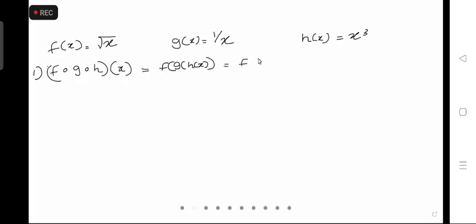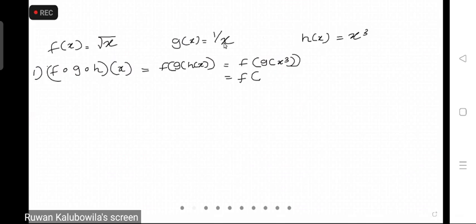So let's write f g x, x cube. Now you apply x cube to g. g means 1 over x. Then you can write, you apply x cube, g means 1 over x cube.